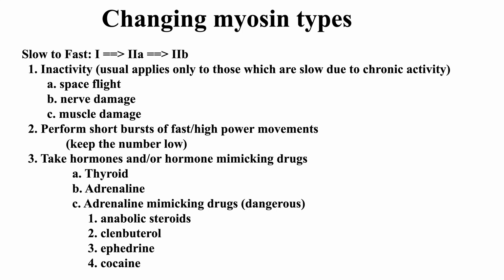Those things will all switch fiber types as well. But for us, we're going to do number 2. The main way you're going to become more type 2 is just doing more anaerobic activities: high intensity, low numbers, high bursts of movements, resistance training, things like that.